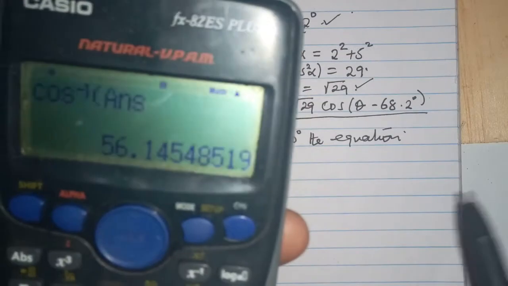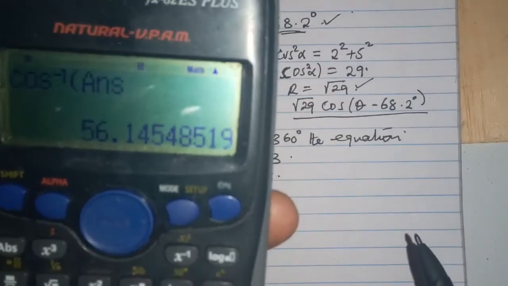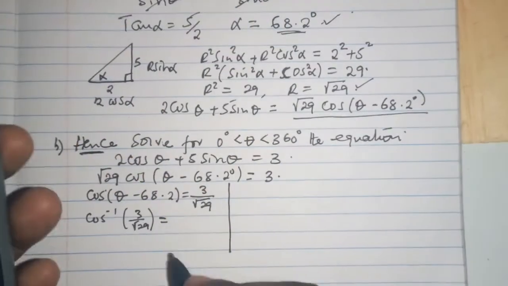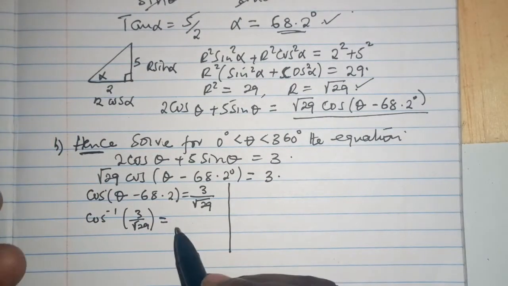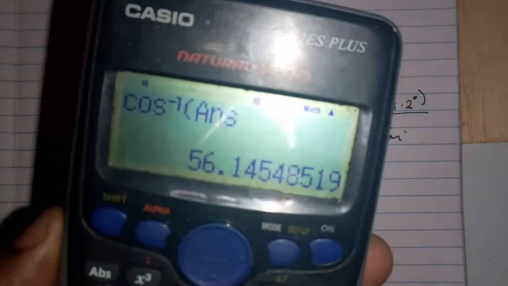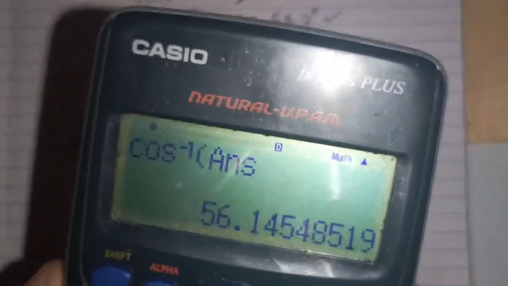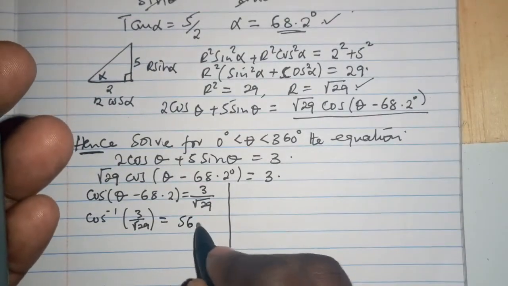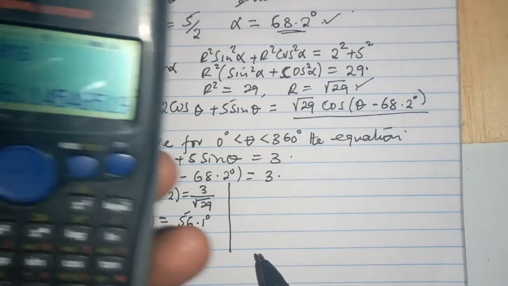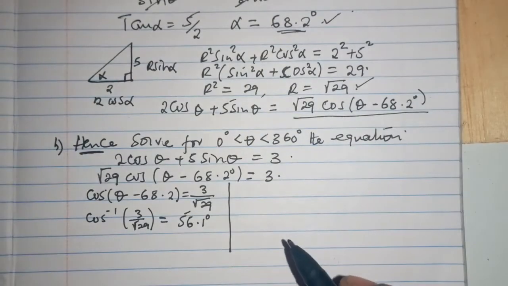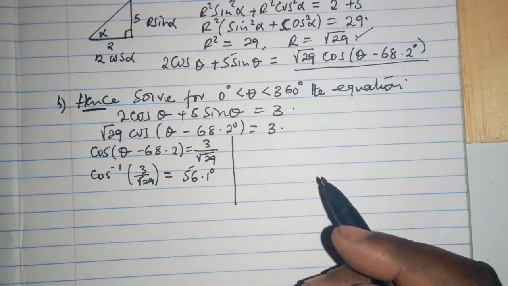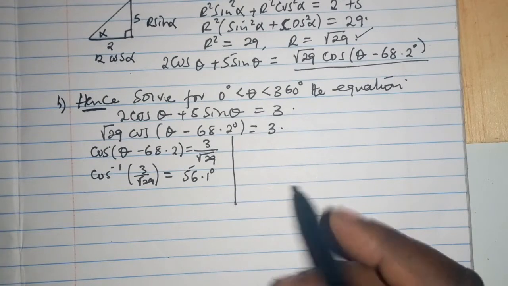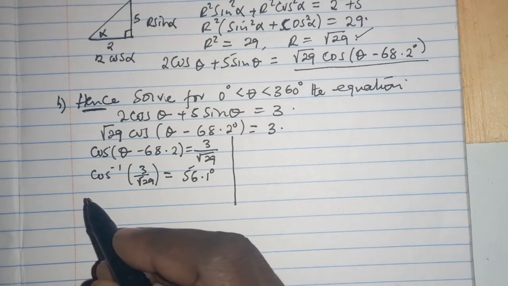Shift cosine of answer, we're going to get 56.14 degrees. So there is an angle whose cosine is 3 over root 29, and that angle is 56.1 degrees to 1 decimal place. That is not a problem. Our problem is, but what was the cosine?